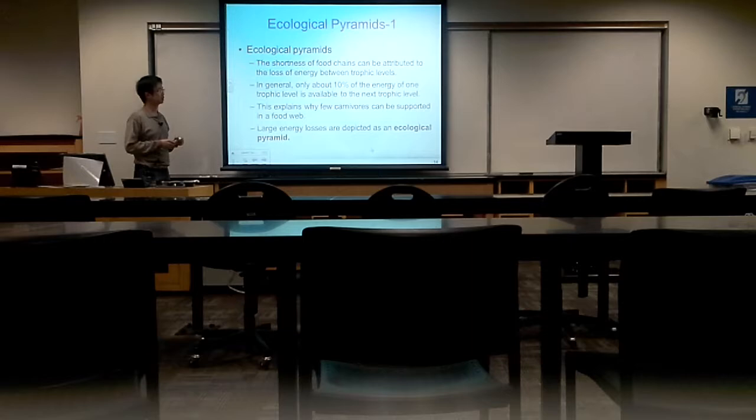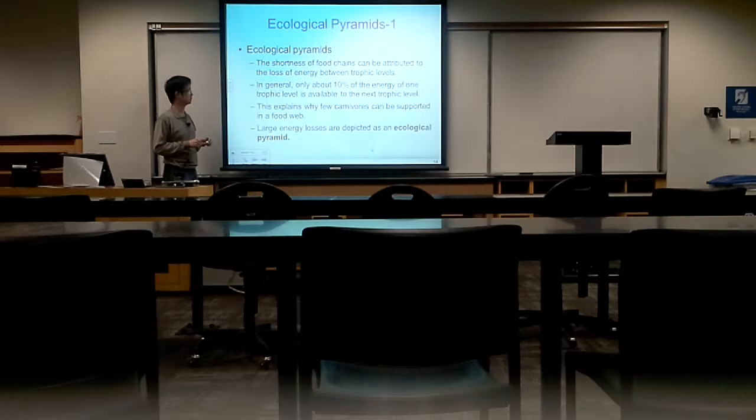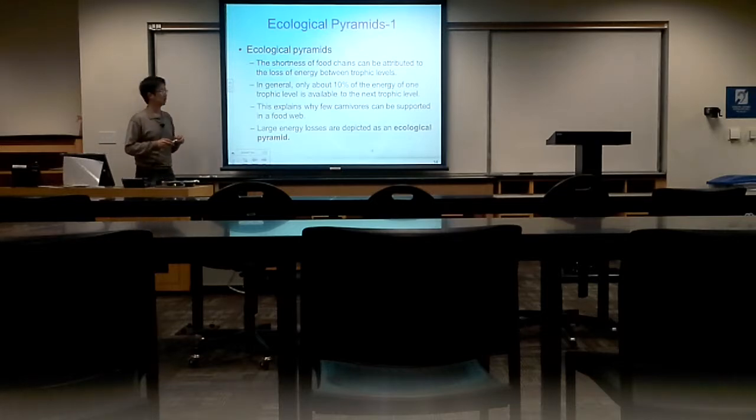There will be energy loss between each trophic level. Approximately 10% of the energy of a trophic level will be consumed by the next trophic level. So the energy loss is a lot. Most of the energy is lost to heat. Only 10% of the energy can be transferred to the next level.